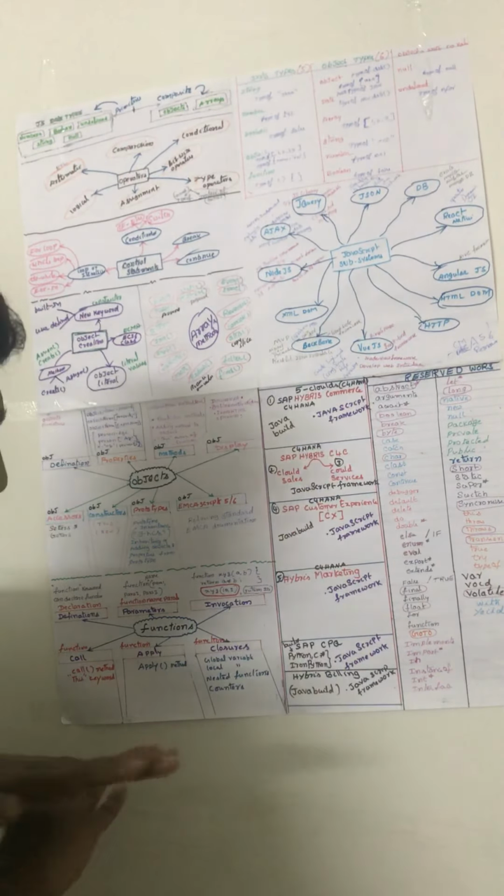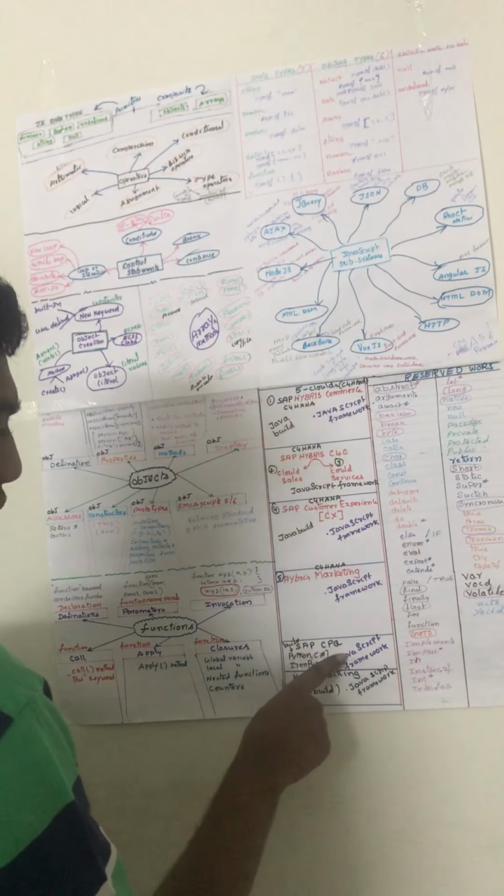And after finishing these 5 clouds, we have SAP CPQ. As I already told in my previous videos, no need of introduction again. Here we have seen some Java build products like SAP Hybris Commerce and SAP Customer Experience. Here these two are Java build.